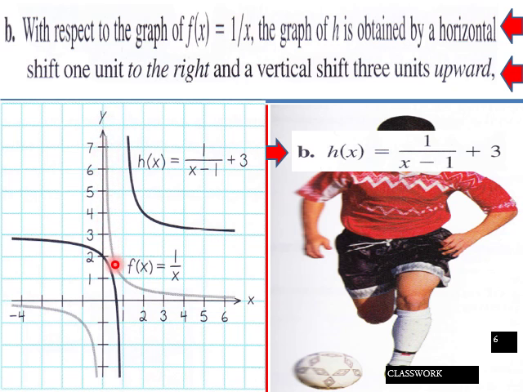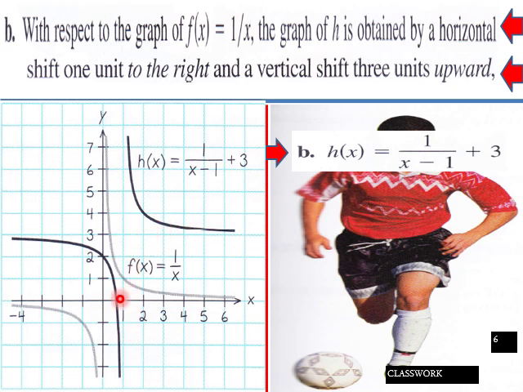So f of x equals 1 over x, that's the upper part, and then this is the lower part of f of x equals 1 over x. And then everything's shifted up here 3 units. So when y equals 3, this is your horizontal asymptote up here, y equals 3.